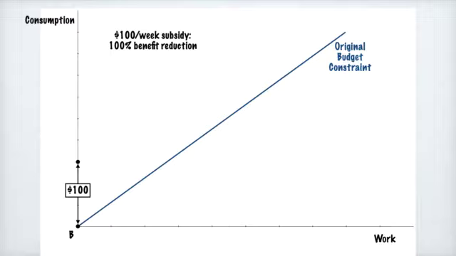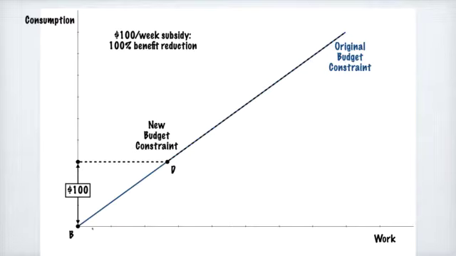We get our $100 a week subsidy, we can consume $100 worth of stuff during that week. But for every hour I work, I get my benefits reduced 100%. Every dollar I earn, my subsidy is reduced by that. So we have a horizontal line until we hit the original budget constraint. Because we're increasing our work, we're not working here at point B, we've got $100.